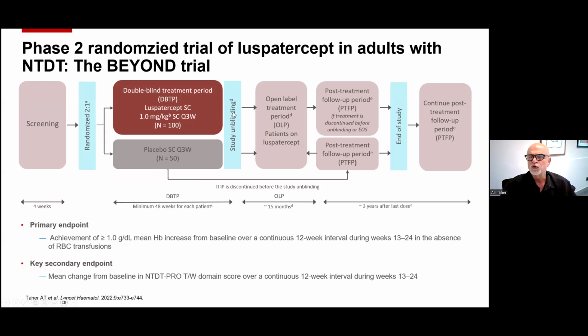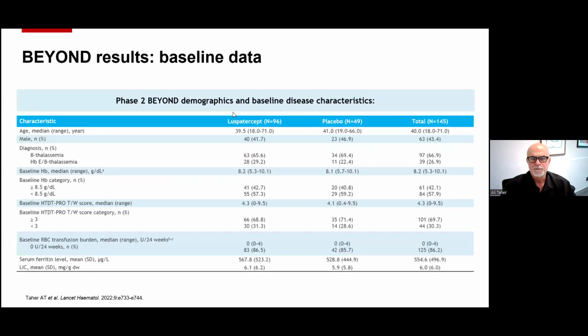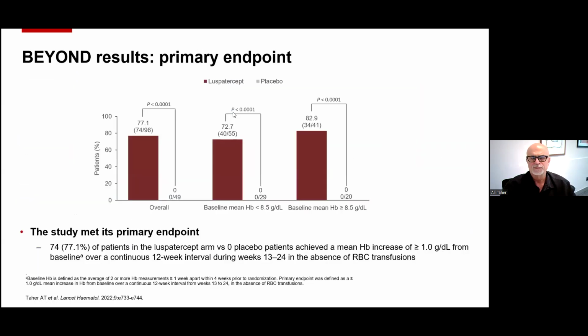The primary endpoint was an increase in hemoglobin of above 1 gram per deciliter, and the secondary outcome was improved quality of life in this group of patients, or the patient-reported outcome, tiredness and weakness domain score. Demographics were similar. The primary outcome was met. Around 77% of the patients on luspatercept versus 0 on the placebo improved their hemoglobin by 1 gram per deciliter.